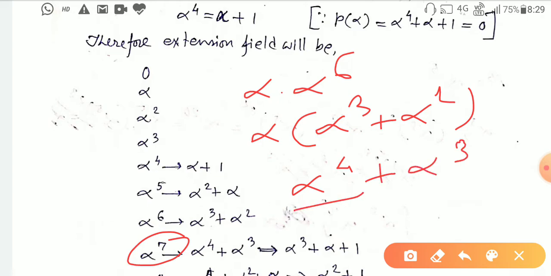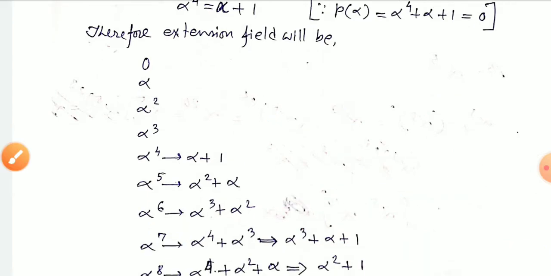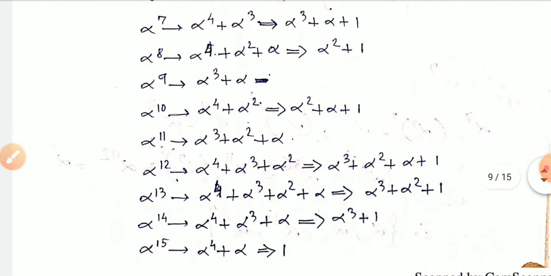You know the value for alpha 4 is alpha plus 1, so alpha plus 1 plus alpha cube. You write down this one in this position. This way you can ultimately get each value up to alpha to the power of 15.